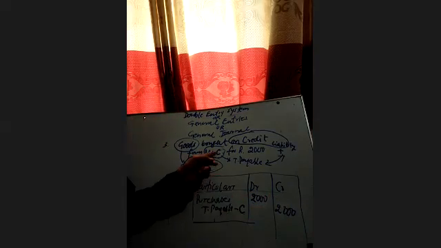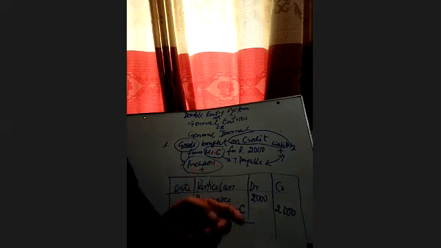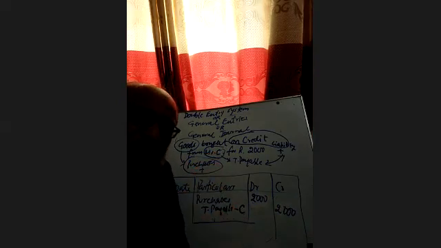This is very important. We have to mention the name of the party, because in business we deal with a lot of parties, and if we don't write their names, then in future when we prepare the ledger we can have a lot of problems.